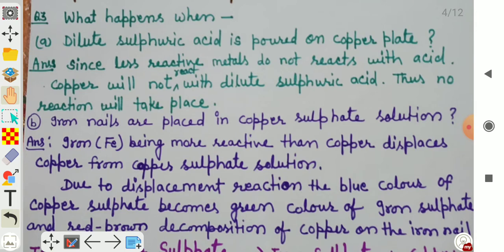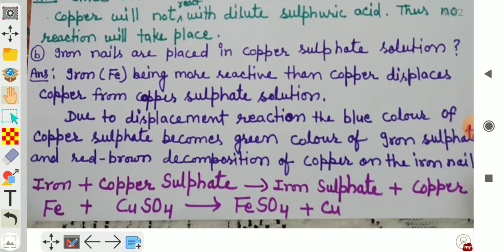Second, B. Iron nails are placed in the copper sulfate solution. What happens? Iron, being more reactive than copper, displaces copper from copper sulfate solution. Means a displacement reaction takes place when iron nails are placed in copper sulfate solution.